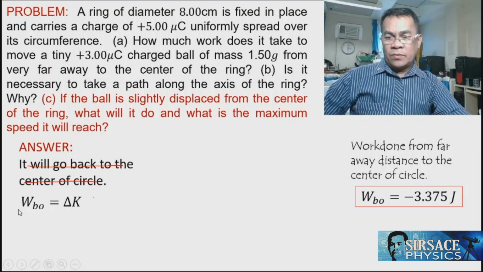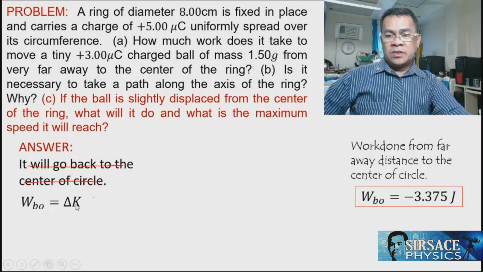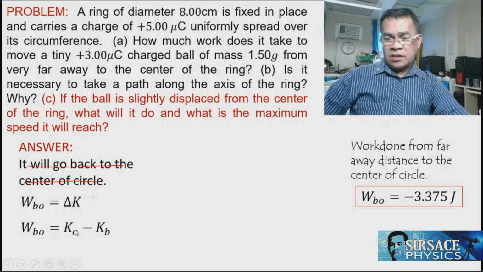Take note of the work-energy theorem: the work done from B to O is the change in kinetic energy. The change means final minus initial. The final is located at the center of the ring, so this should be K_O, the final kinetic energy, where K_B is the initial kinetic energy at the far away distance.